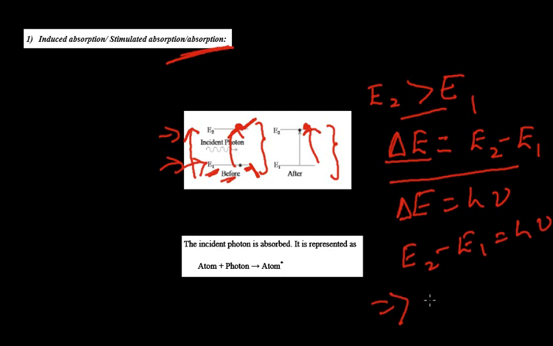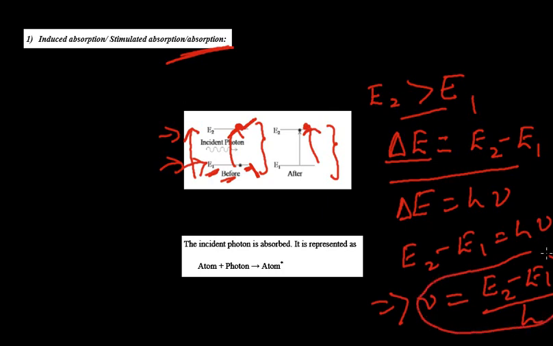So if you want to find out the frequency in this case, we'll get E2 minus E1 divided by h. So this will be the frequency of the photon which has been absorbed by the atom. So they can ask a numerical based on it. So you'll have to use this formula.